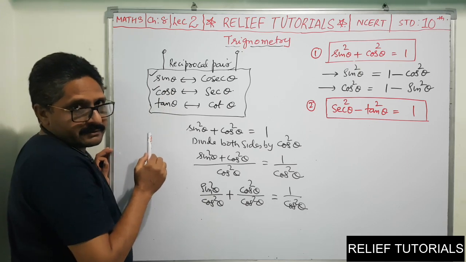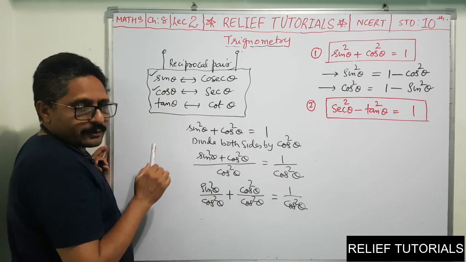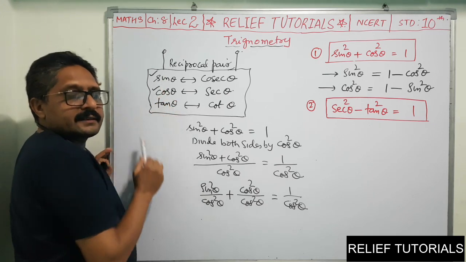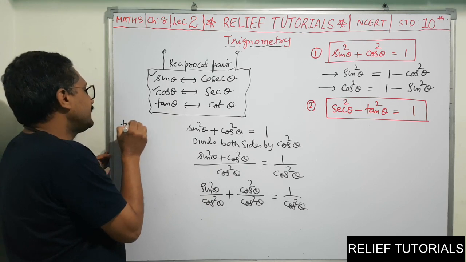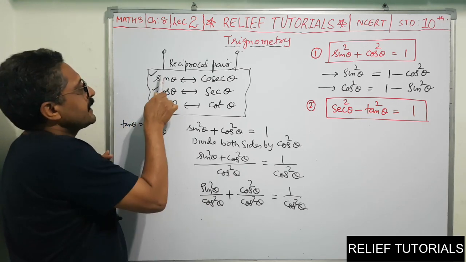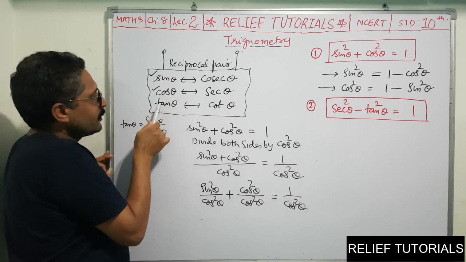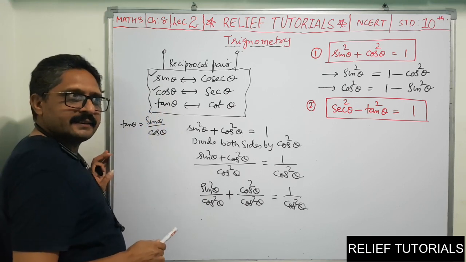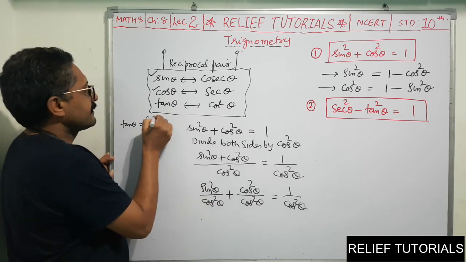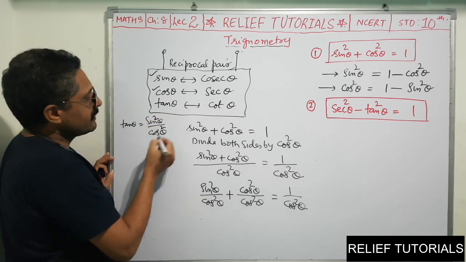We have learned this. So all these identities are quite necessary. Sin upon cos is tan. We have seen, no, tan theta is equals to sin theta upon cos theta. Ratio of these two trigonometric ratios is tan theta. Clear? So now sin square theta upon cos square theta is equals to tan square theta.